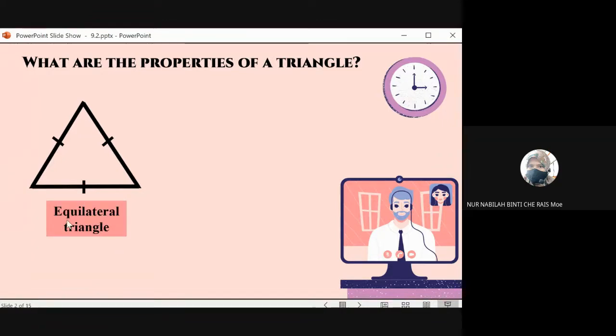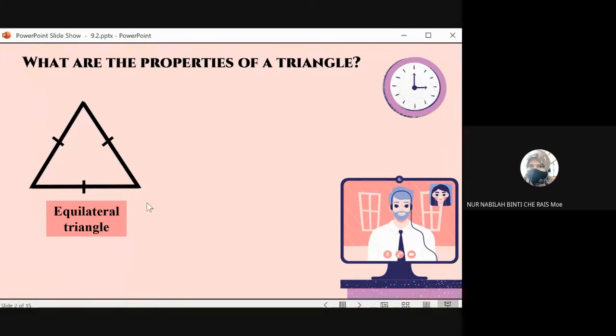The word contains "equal", and equal means the same. So all the sides are equal: if here is 5 cm, here also 5 cm, and the other side also 5 cm. That is an equilateral triangle, and we denote it with a mark like this.